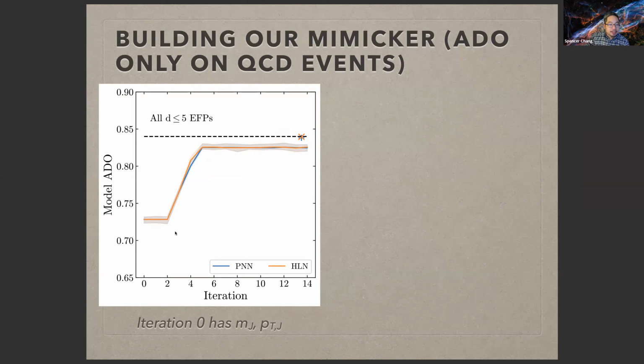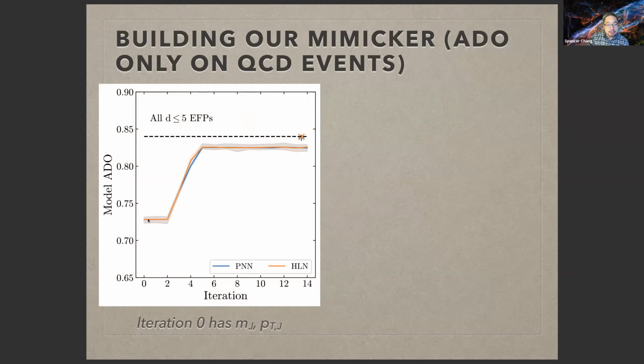So here is the ADO as we go through the iterations. Just like they did, at iteration 0 we have a neural network that has the jet mass and the PT of the jet. We build up the energy flow polynomials in the same way: we figure out which energy flow polynomial is good at describing the decision ordering of the autoencoder on background events.